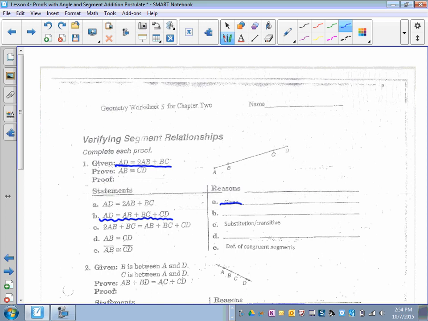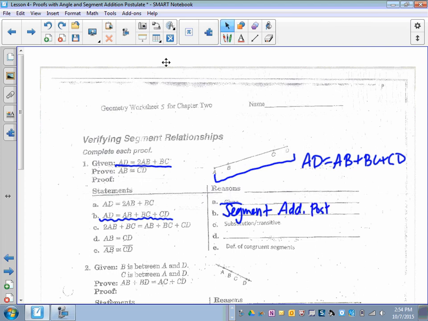Did they add something, subtract something? Let's take a look. The whole segment AD is made up of the measure of AB plus the measure of BC plus the measure of CD. So that's all that this is, just your segment addition postulate. There's no crazy substitution, multiplying, or dividing going on here. I don't want you to get caught up on that because you were trying too hard.